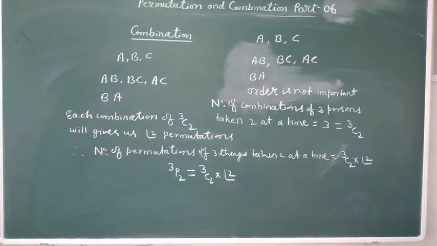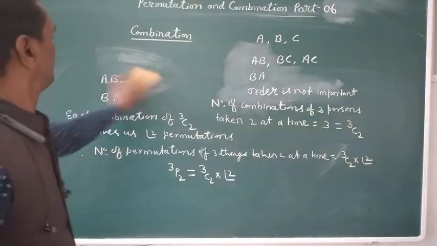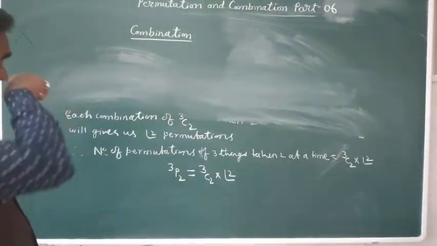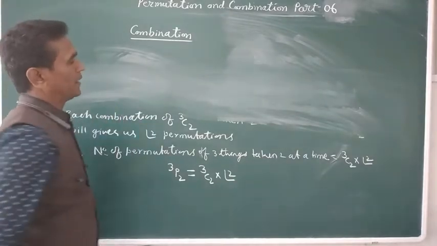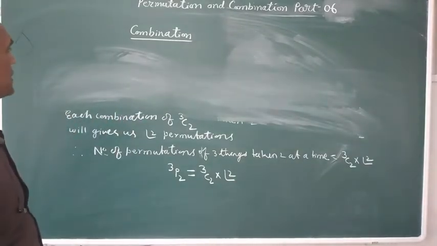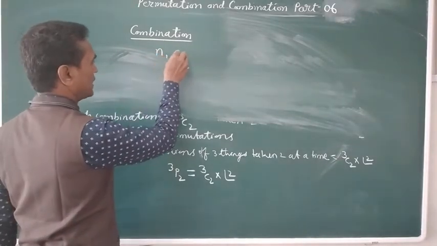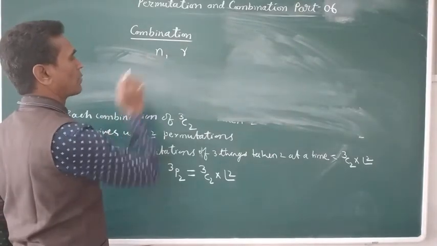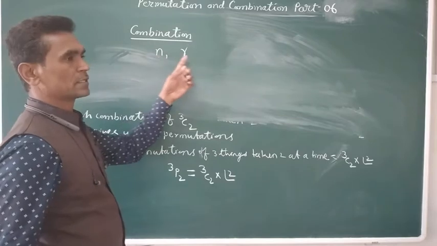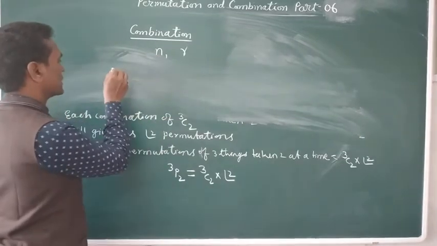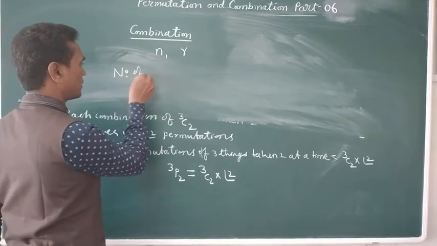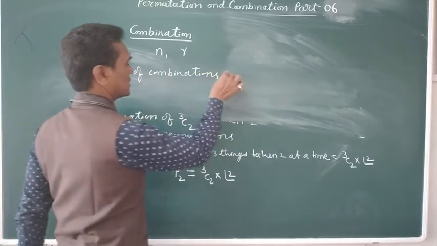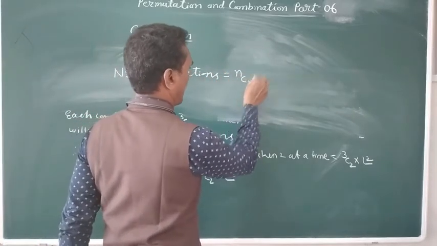So now we will generalize this formula. The question is: find the number of combinations of n different things taken r at a time. So obviously the number of combinations is equal to nCr.